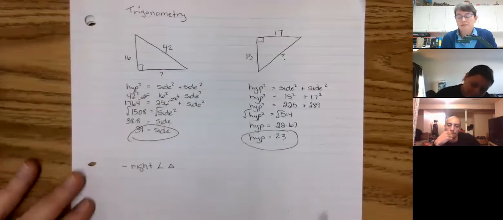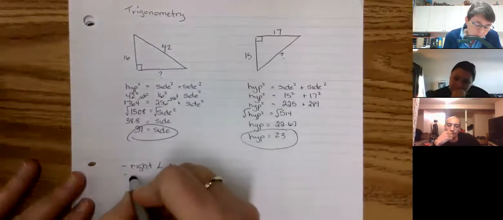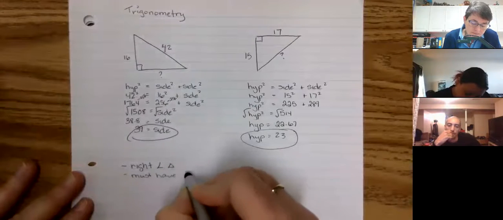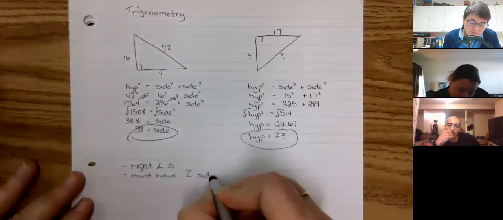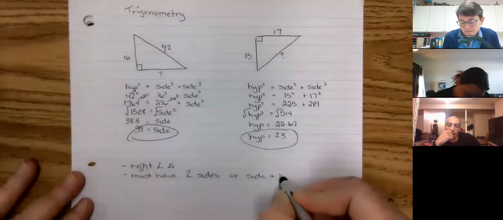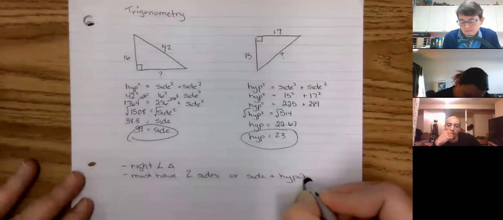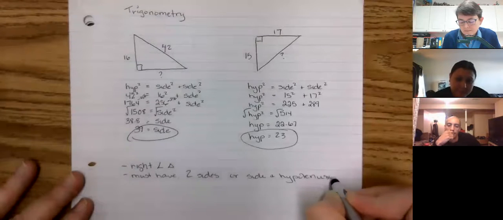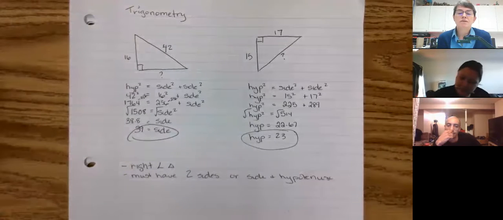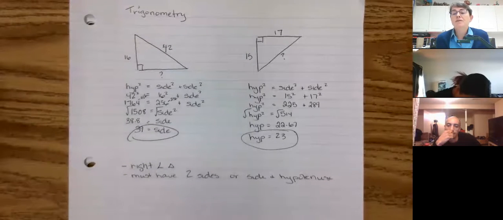If it's not, you can't use it. So just to make everything perfect, when you say either two sides or a side and hypotenuse, you have to have 2 out of 3.